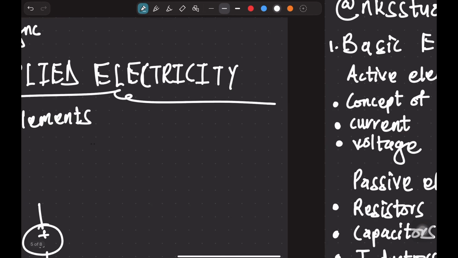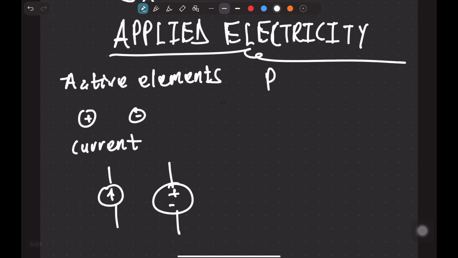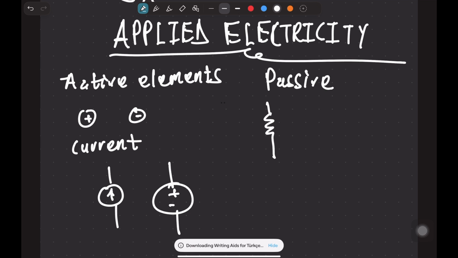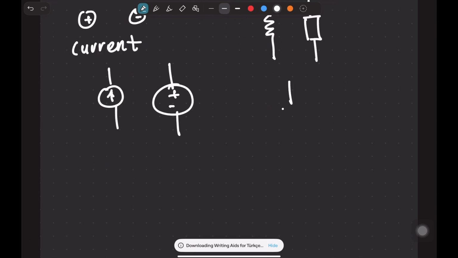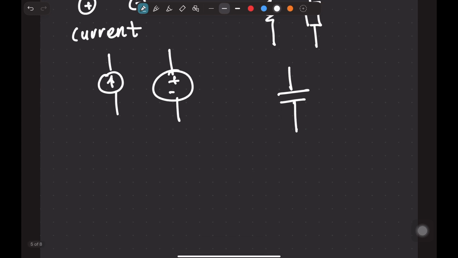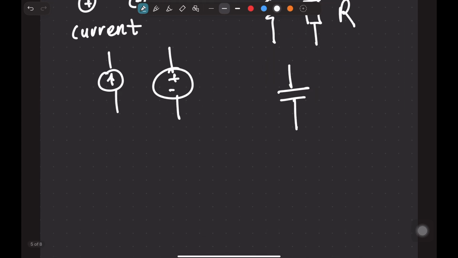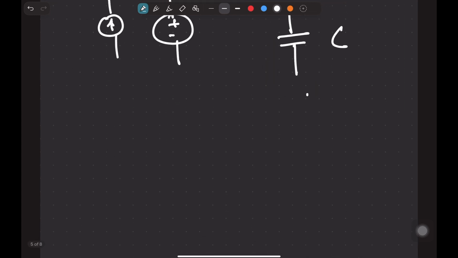We'd also discuss passive elements, and the three main passive elements we discuss are resistors, capacitors, and inductors.